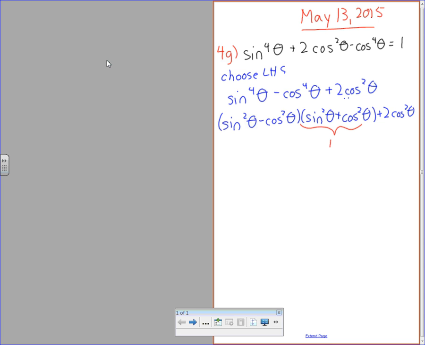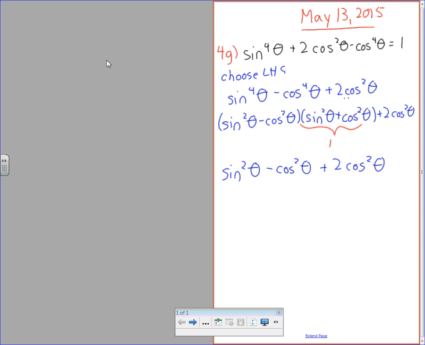So what I'm left with then is sine squared theta minus cos squared theta plus 2 cos squared theta. Right, because multiplying by 1 is not going to make any difference here. Okay, I'm feeling sort of good but not great about this question yet. Can someone be brave and tell me how I'm feeling good about this?